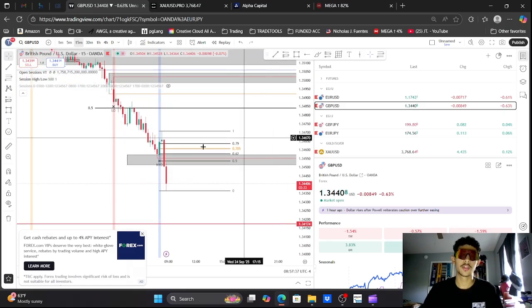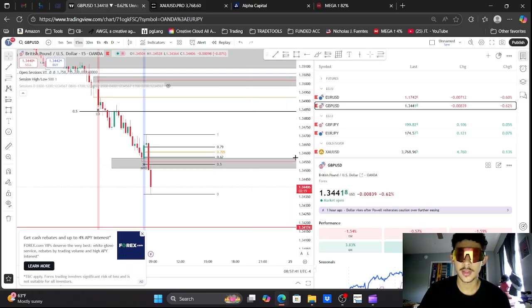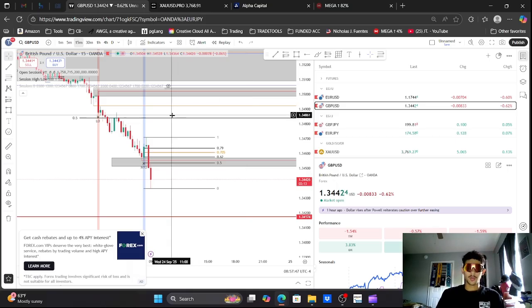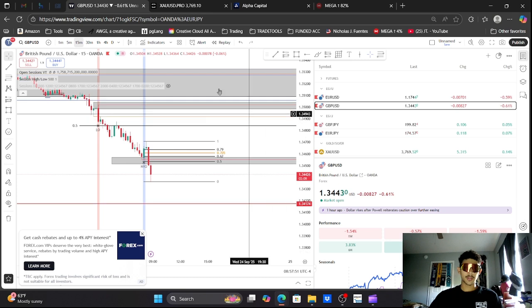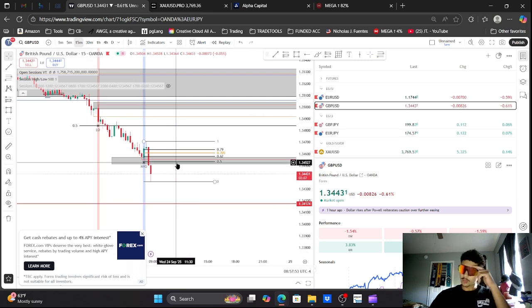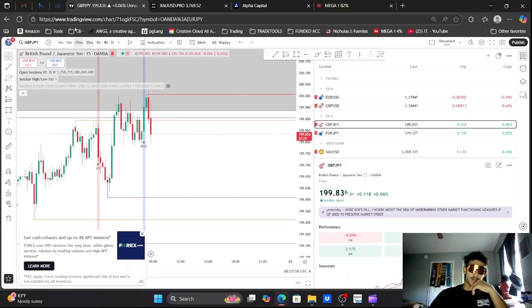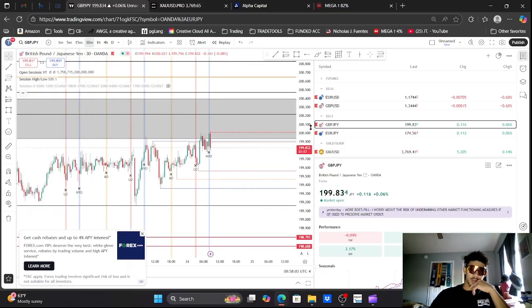Love to see a retracement into this imbalance as well as this retracement zone. I don't know if we would push all the way back up into 30-minute or hourly equilibrium. On GJ, I don't know.